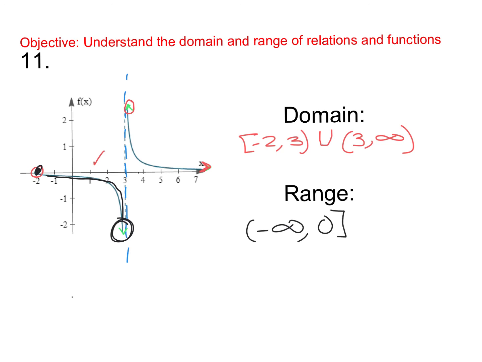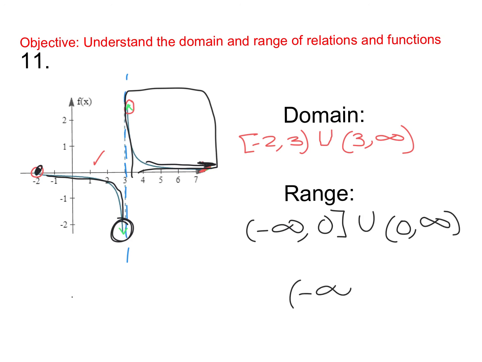Right. And then we have this piece. Notice how this arrow kind of just skirts around to 0. So it actually doesn't hit 0, it just gets really close to it. And then it goes up forever. So technically this is just -infinity to infinity. But you can separate it if you want. I would take both of those as correct.